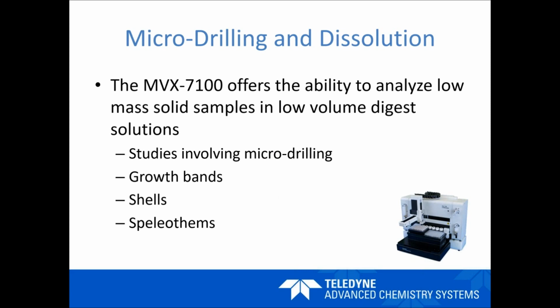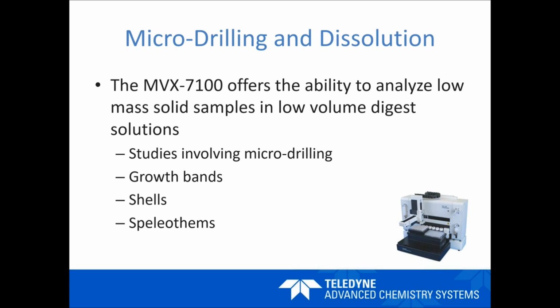So what you can do here is a micro digestion. You can keep everything very small. You can micro drill out the material that you want, get it into a small volume, digest it, and then put it onto the MVX system, and do your analysis that way.